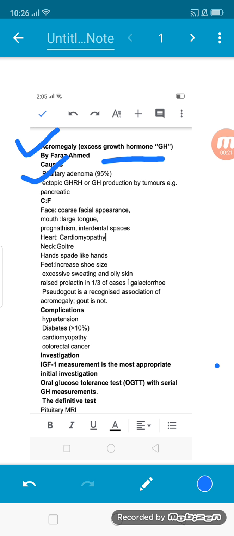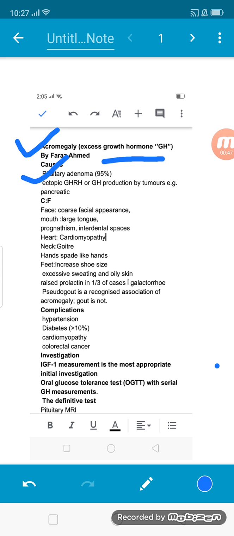Let's talk about this. Acromegaly: acro means acral parts and megaly means enlargement. So what you get is enlargement of your acral parts, and this is because of excessive production of growth hormone from your pituitary gland. In 95% of cases, it is due to an adenoma of the pituitary, which causes hypersecretion of growth hormone.